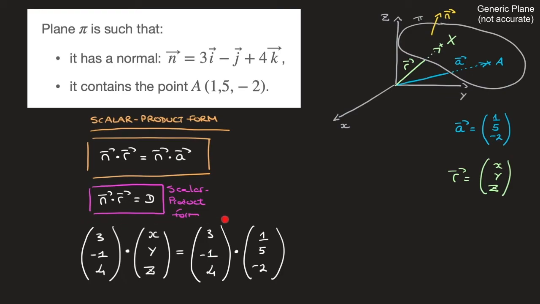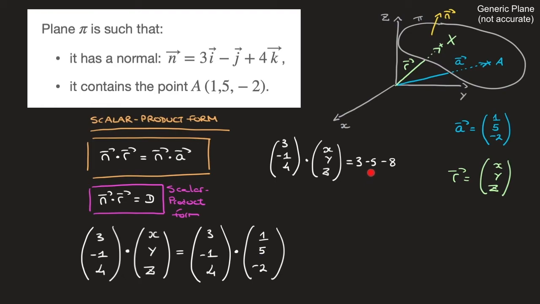Now, all we need to do to write this in scalar product form is calculate this scalar product or dot product on the right-hand side. And I'll do that up here, so I'll copy the left-hand side. That was 3, negative 1, 4, dot, x, y, z, and that's equal to the dot product, so that's 3 times 1, so that's 3, plus negative 1 times 5, so that turns into negative 5, plus 4 times negative 2, so that becomes minus 8.